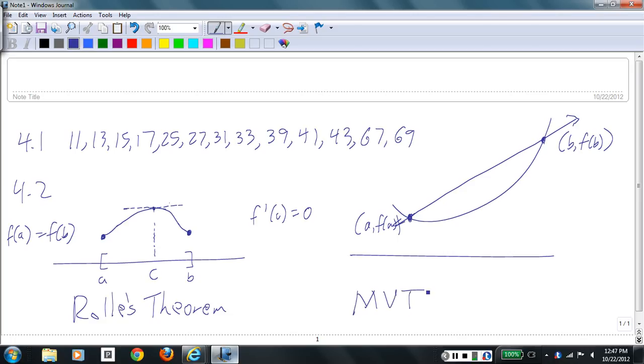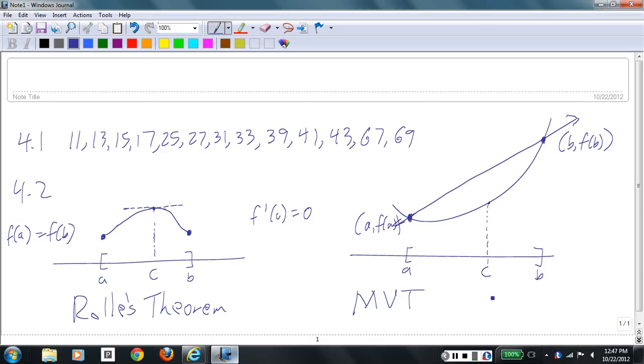For the mean value theorem, we have the other two, though. It does have to be differentiable on the open interval from a to b and continuous on the closed interval from a to b. So it's got to connect with the endpoints as they're drawn there, and it's got to be smooth in between. So if both those things take place, there exists a c in between.